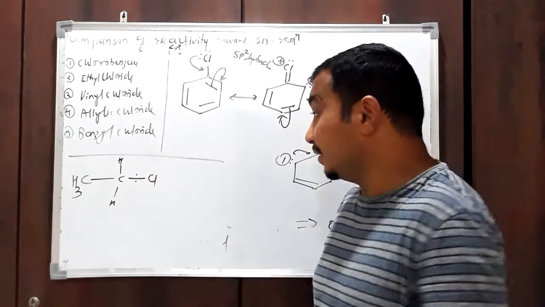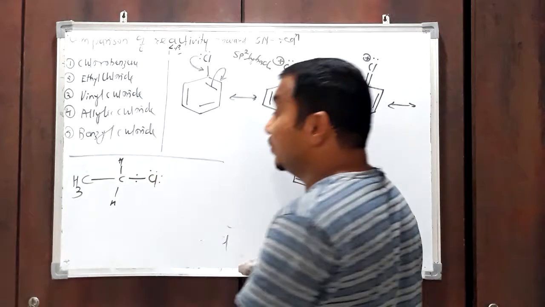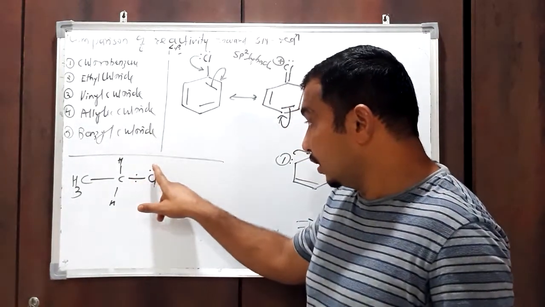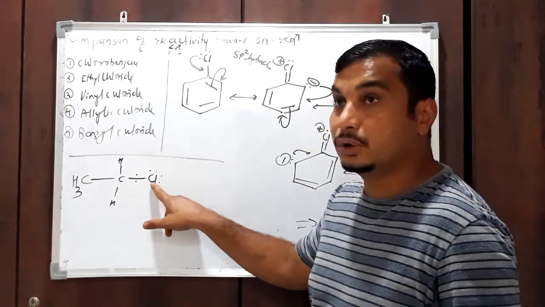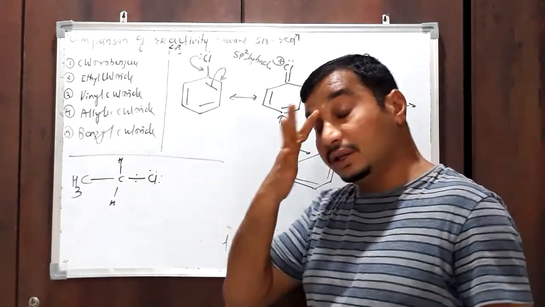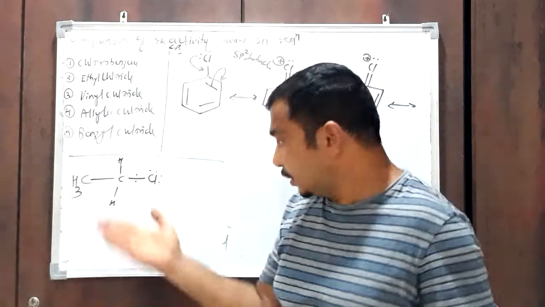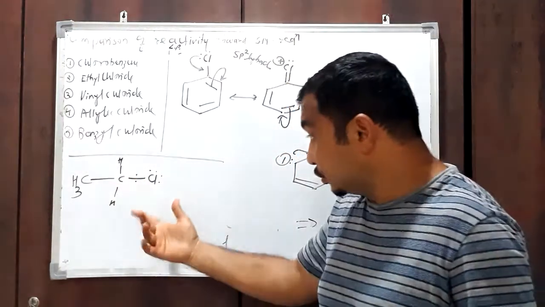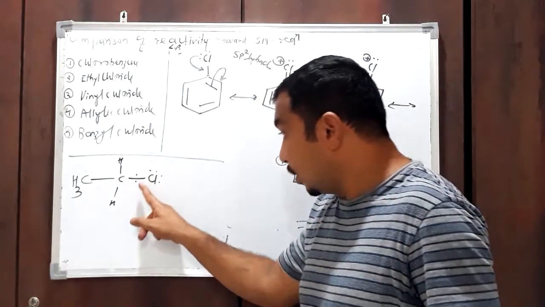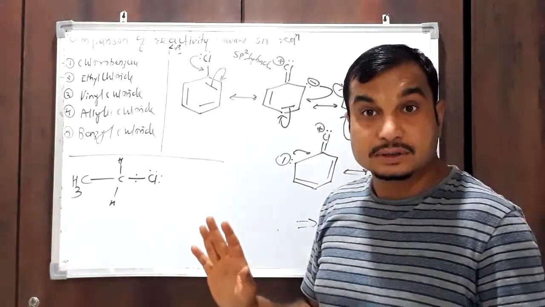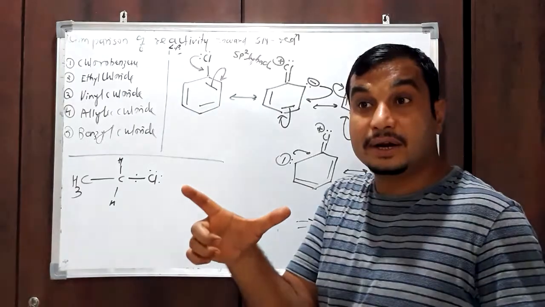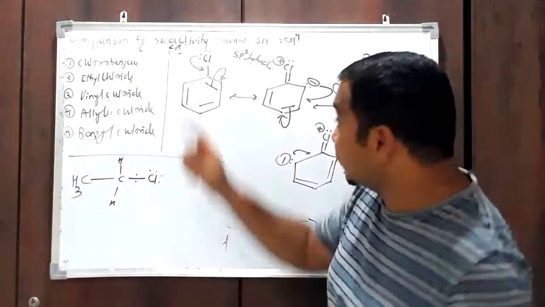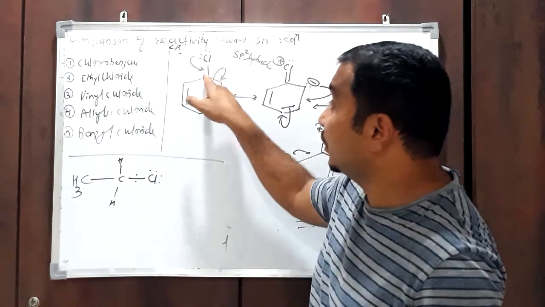Again, there is no possibility of resonance in ethyl chloride. The lone pairs of electrons present on chlorine are not in conjugation with pi bond electrons. There is no pi bond, so no resonance is possible. No resonance means the carbon Cl bond is purely single bond character. Higher bond length means a lower amount of energy is required to break this bond as compared to the C-Cl bond in chlorobenzene.